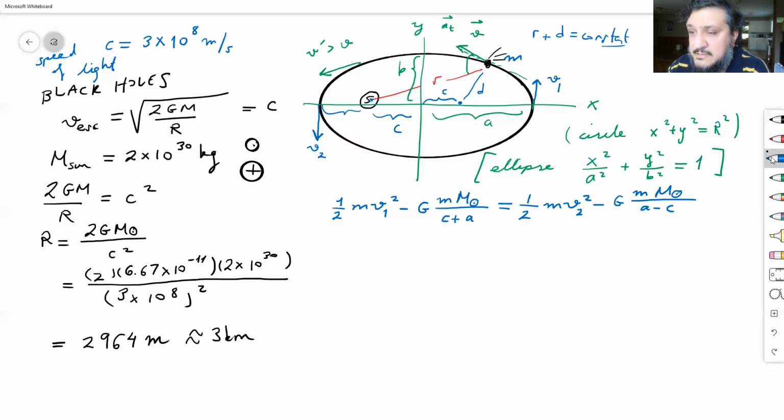This is a minus c. All right, so the solution of this equation will give you V2 in terms of V1, and you can compare all that.